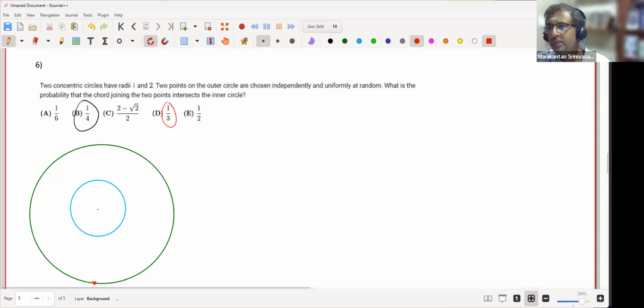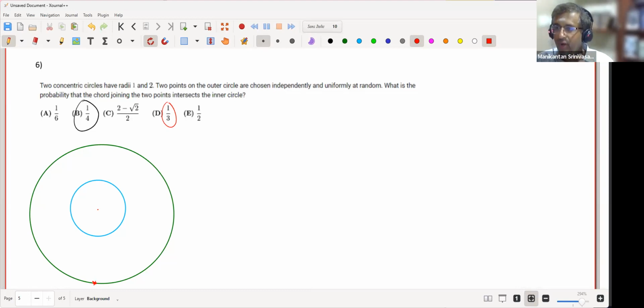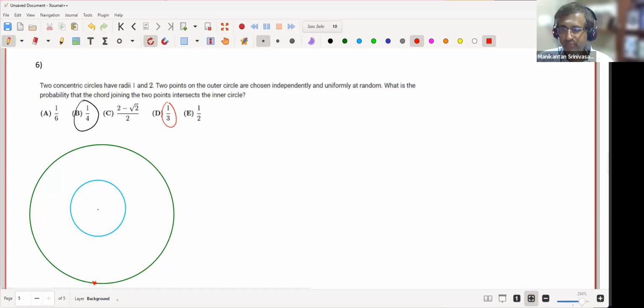Navya? So what do you mean by without loss of generality? Oh, meaning, that's a phrase which is always used. I'm not making any false assumptions in saying I want to. I'm not doing a mistake in saying the first point is at the bottommost of my picture.